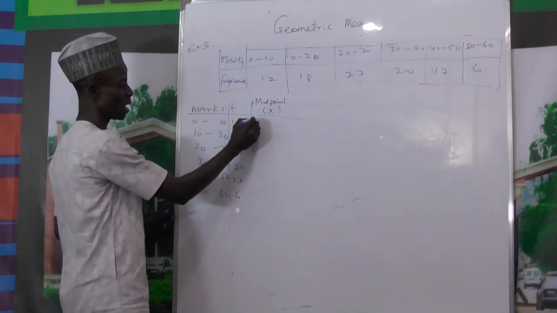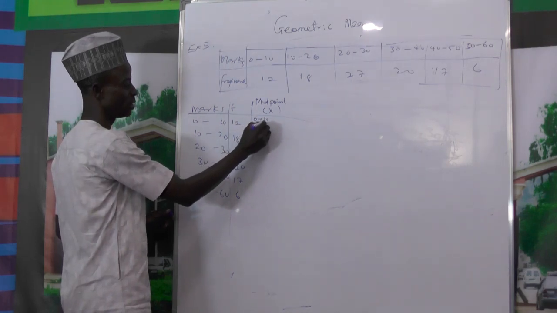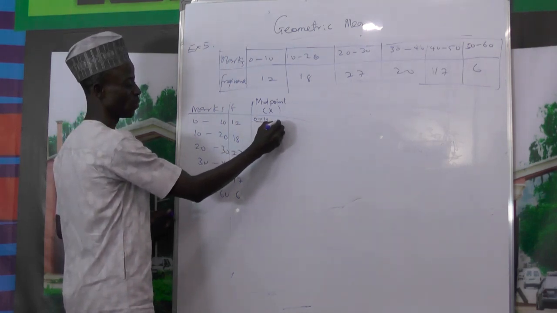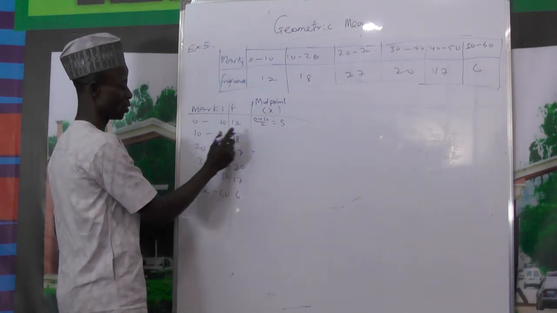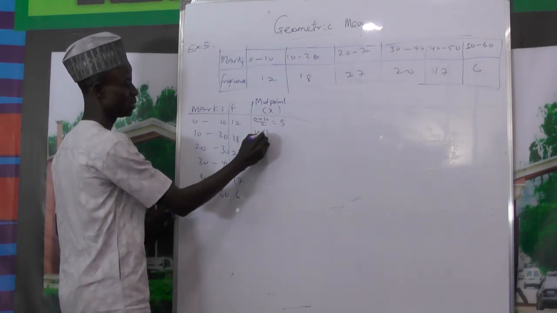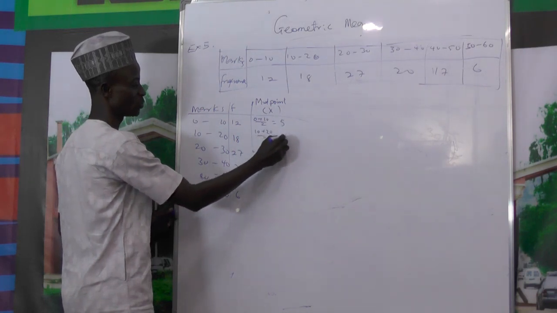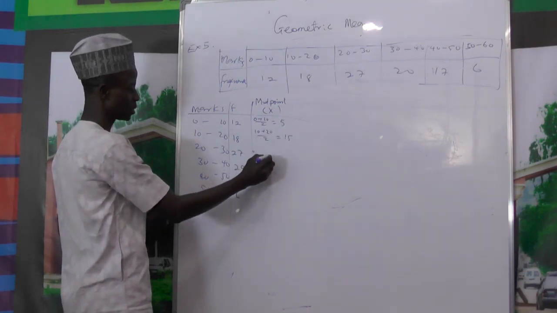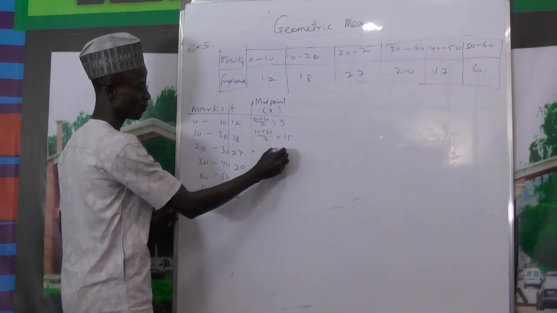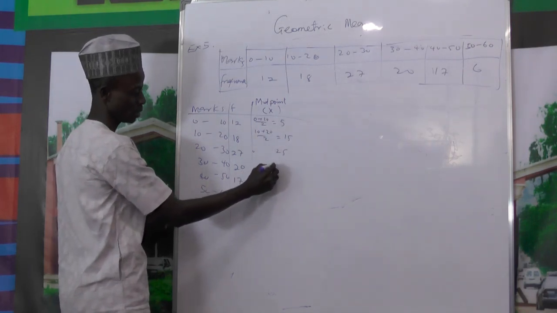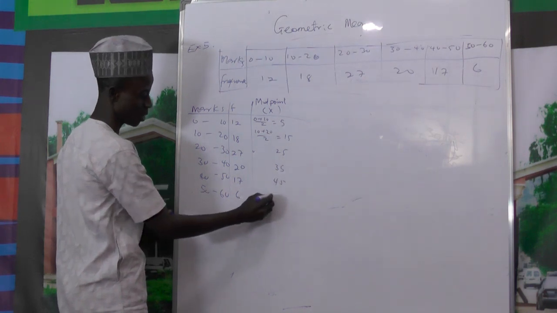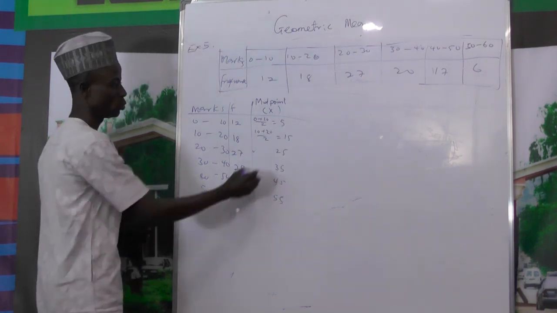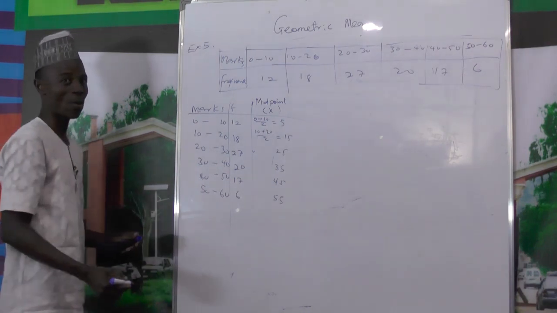So 0 plus 10 divided by 2 will give us 5. The next one will be 10 plus 20 divided by 2, which will give us 15. The next one will give us 25. The next one will be 35, 45. Then the last one will be 55. So this will now form our x.